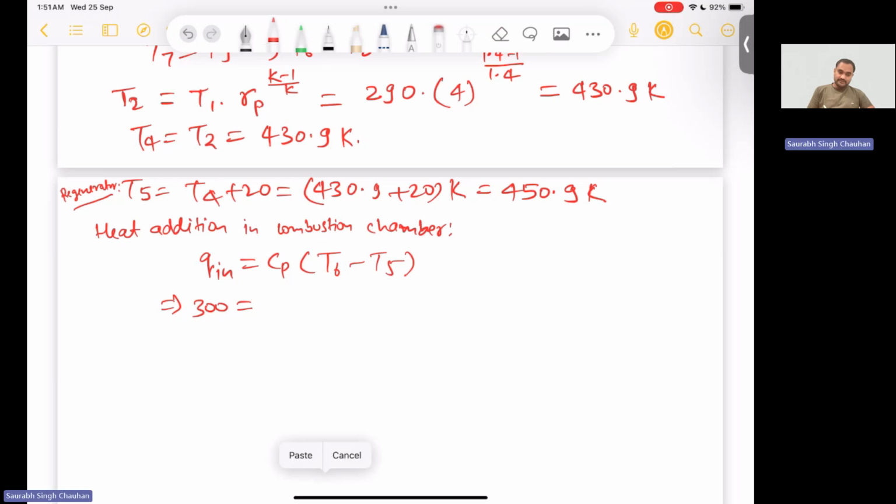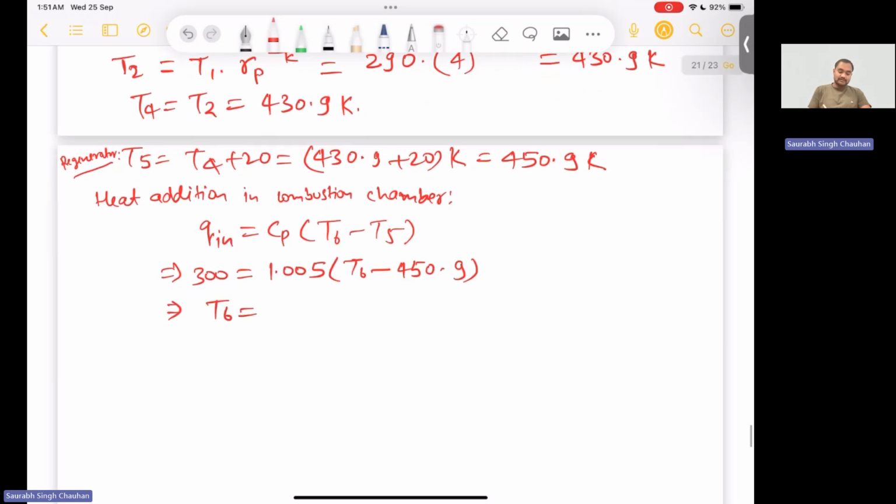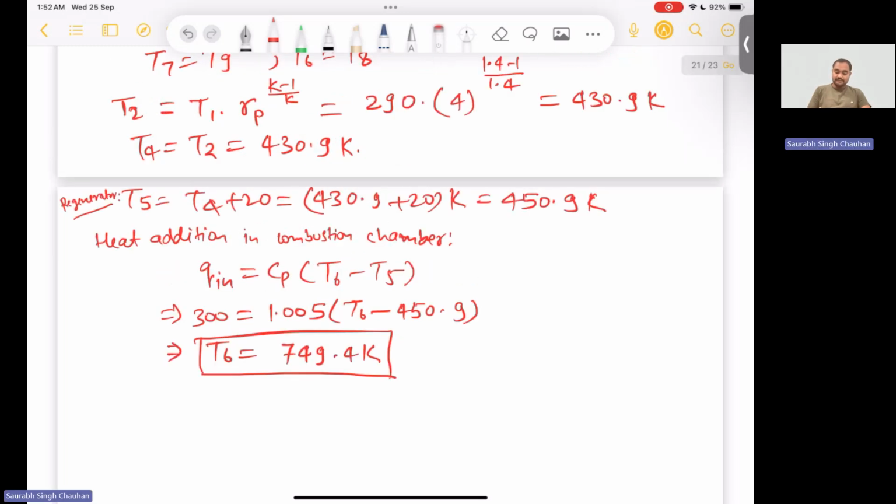From this expression you can find T6. If you calculate it, it will come out to be 749.4 Kelvin.